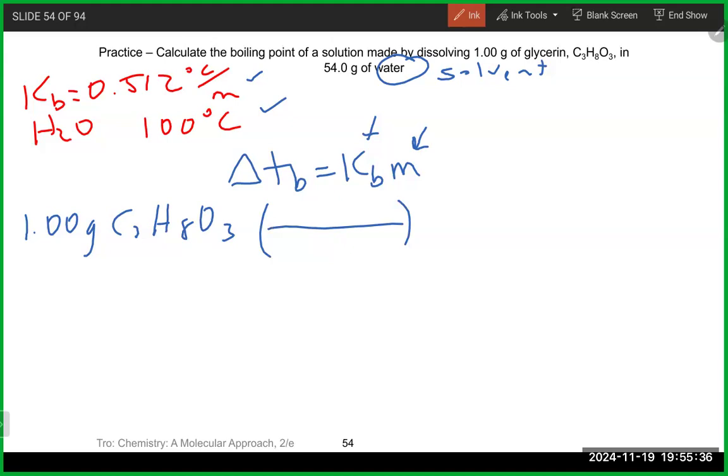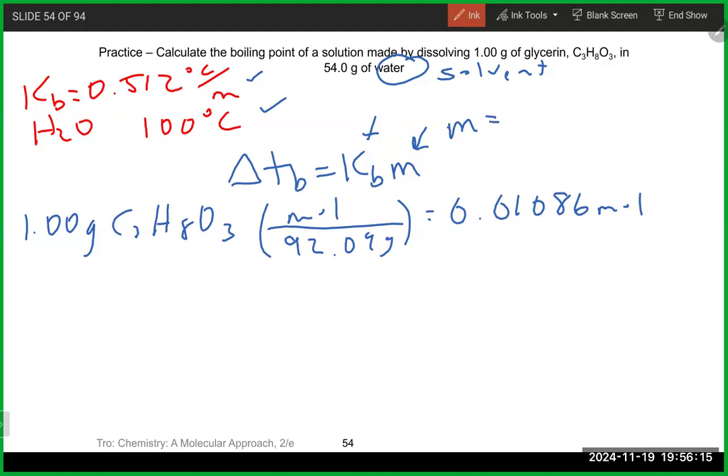So 3 times 12.01 plus 8 times 1.008 for the hydrogen, plus 3 times 16 for the oxygen gives us 92.09 grams per mole. And that's going to give us 1 divided by 92.09, and that'll get us 0.01086 moles.